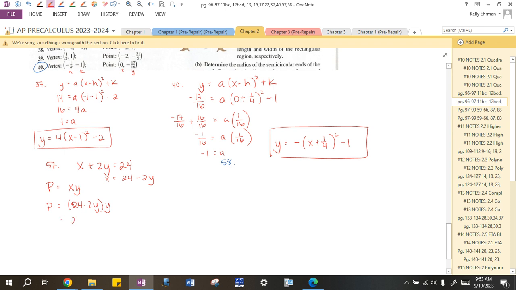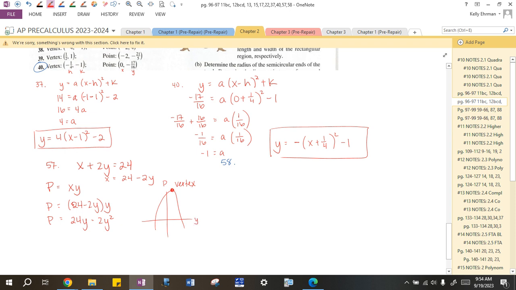And if I look at this as 24y minus 2y squared, this is my formula for all of the products that could be made out of these two numbers. So what this is saying is you've got some sort of parabola that opens down. We're looking for the vertex of all of these products, and they're based off of inputs of y.